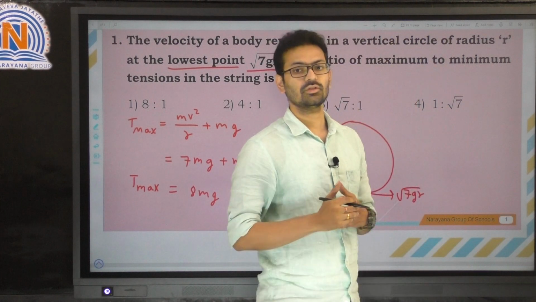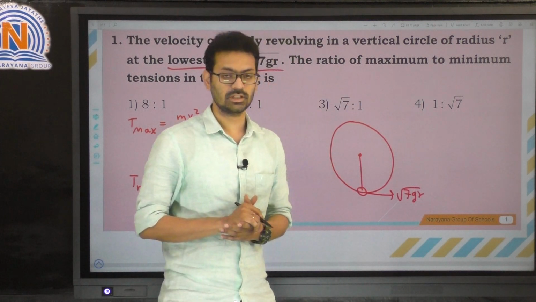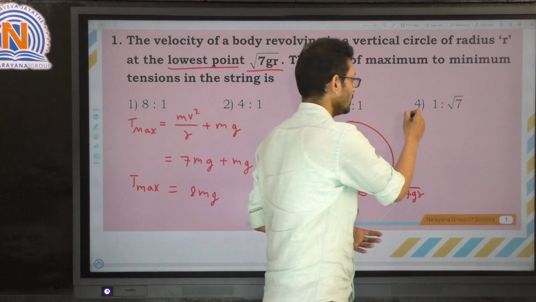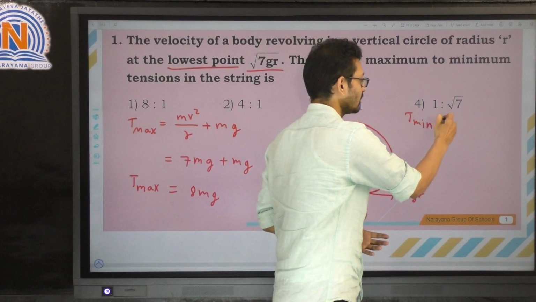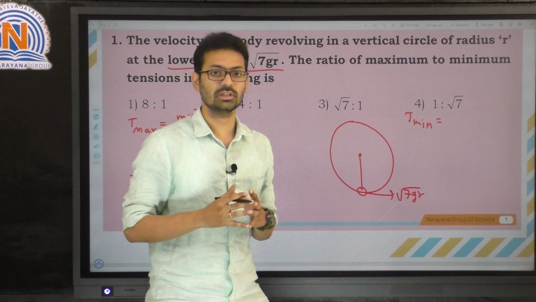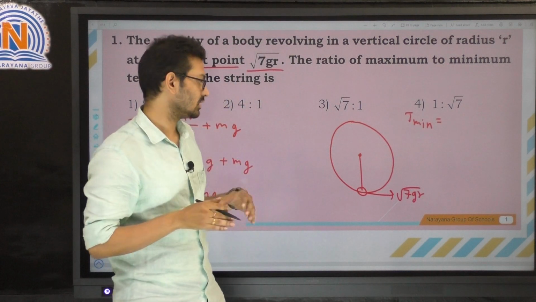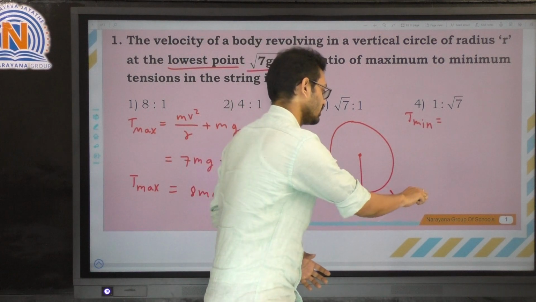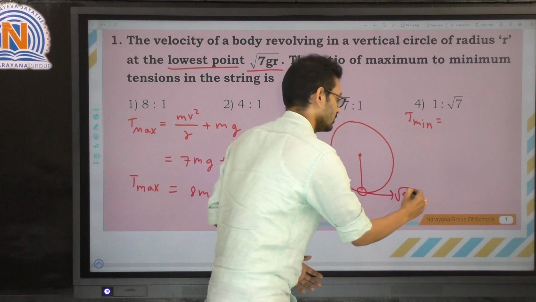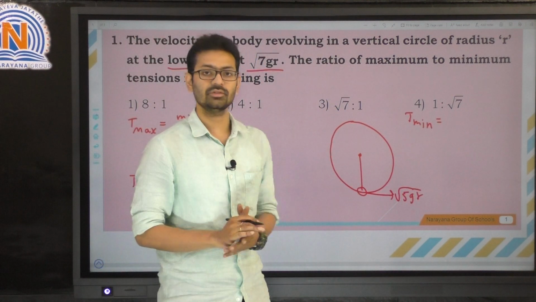Now one more thing I want to discuss is the minimum tension. When you are trying to find out the minimum tension, T min, the minimum velocity which is required to complete a complete loop, that means to complete one circular rotation, is going to be root 5 gr. But how much did they give you? They gave you 7 gr.